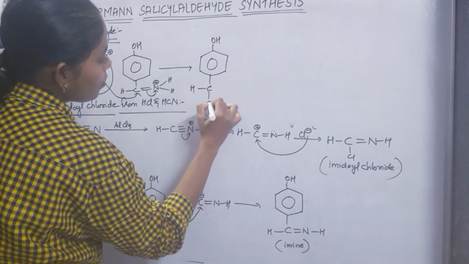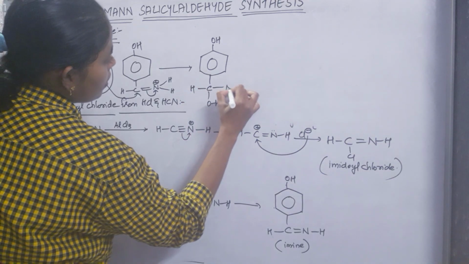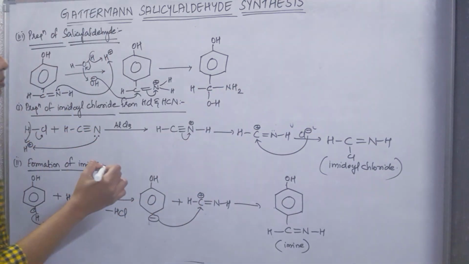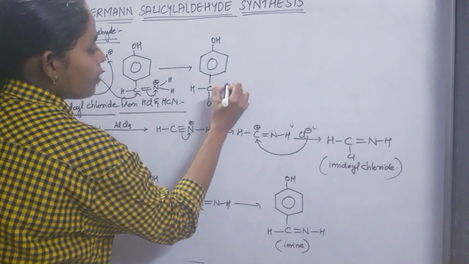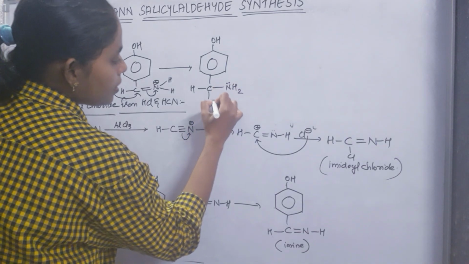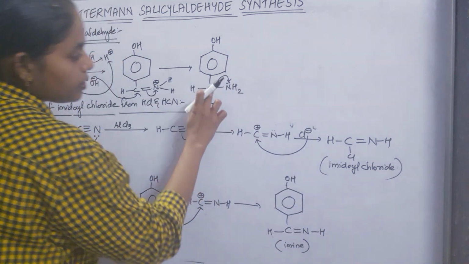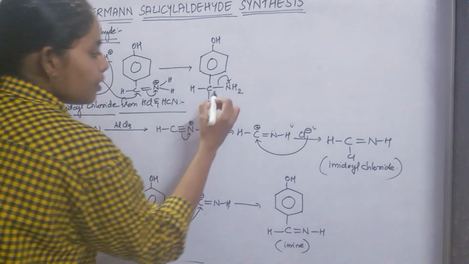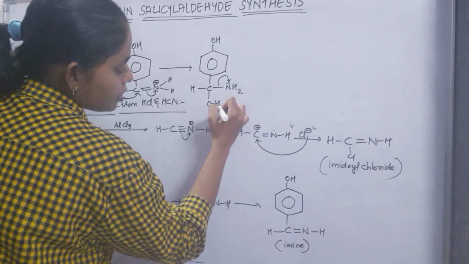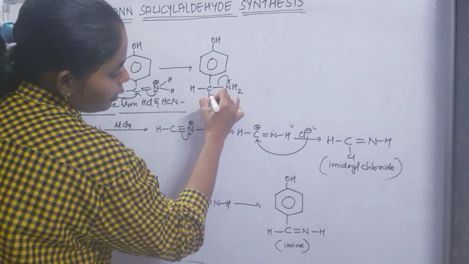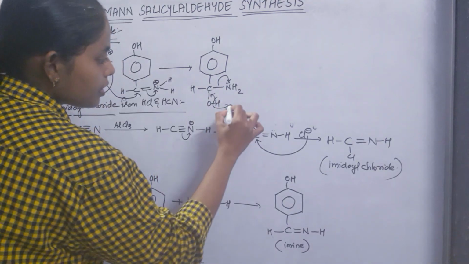CH, here you have OH and NH2. Now again nitrogen here will take the electrons from carbon, then this carbon will become electron deficient, then the bond between oxygen and hydrogen is shifted over here and hydrogen will come out as H plus.